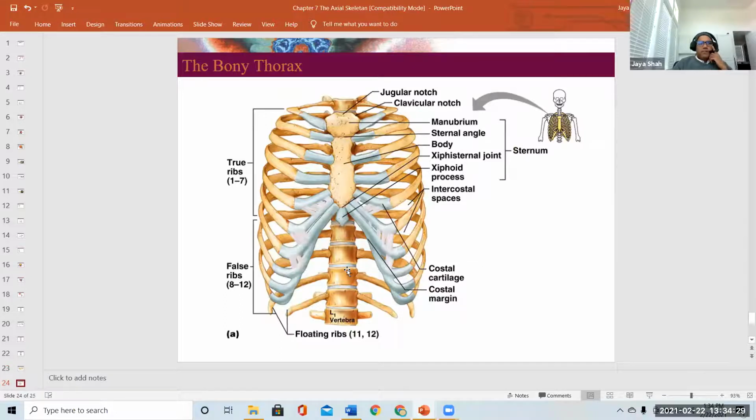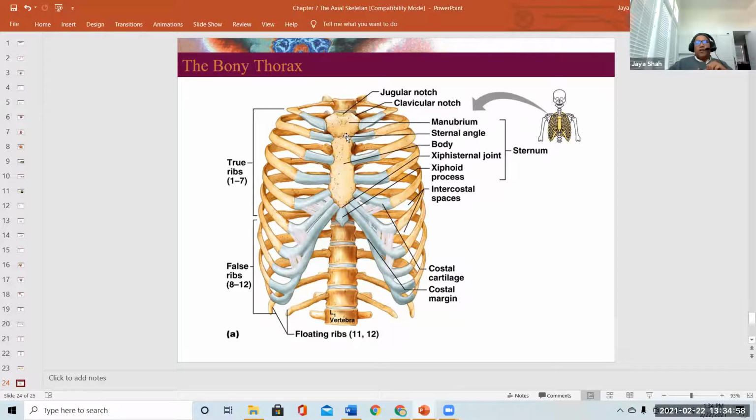This is the bony thorax, which is formed by the sternum. The sternum has several parts formed by several bones. You have the manubrium of the sternum, and you have the sternal notch in the manubrium. Here is the sternal angle. This sternal angle is important because it is a landmark, since it is most superficial.